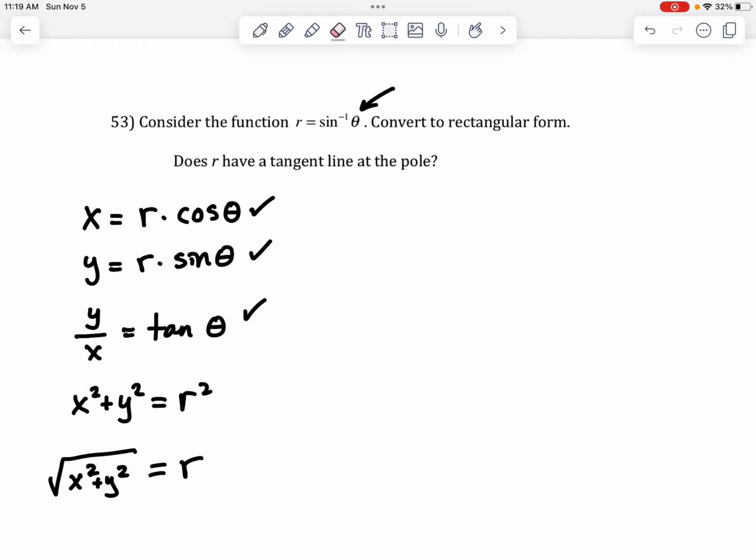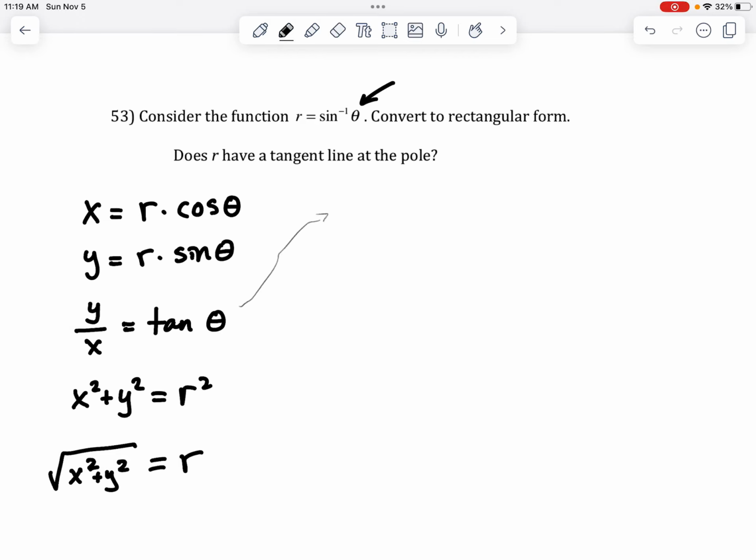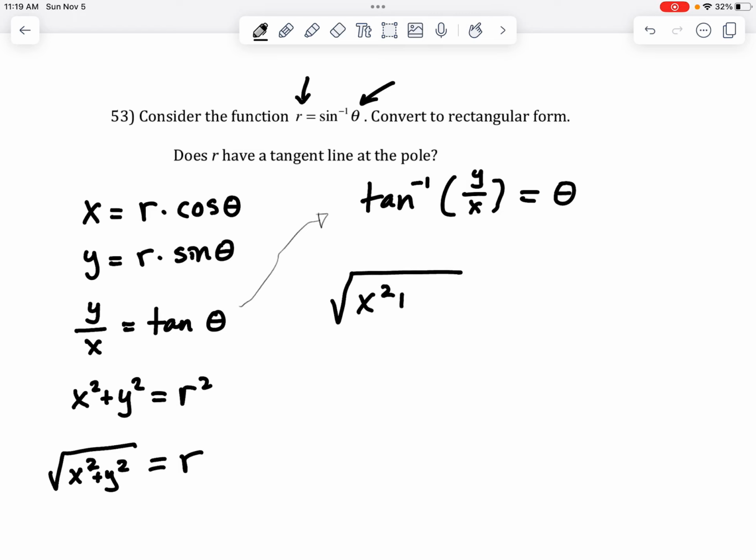So let's see. It looks like the simplest one is probably going to be the tangent. So if you take tangent inverse of both sides, the left side is going to have tangent inverse of y over x, and then that is what theta equals. So on the left side of the equation, the r gets replaced with the square root of x squared plus y squared.